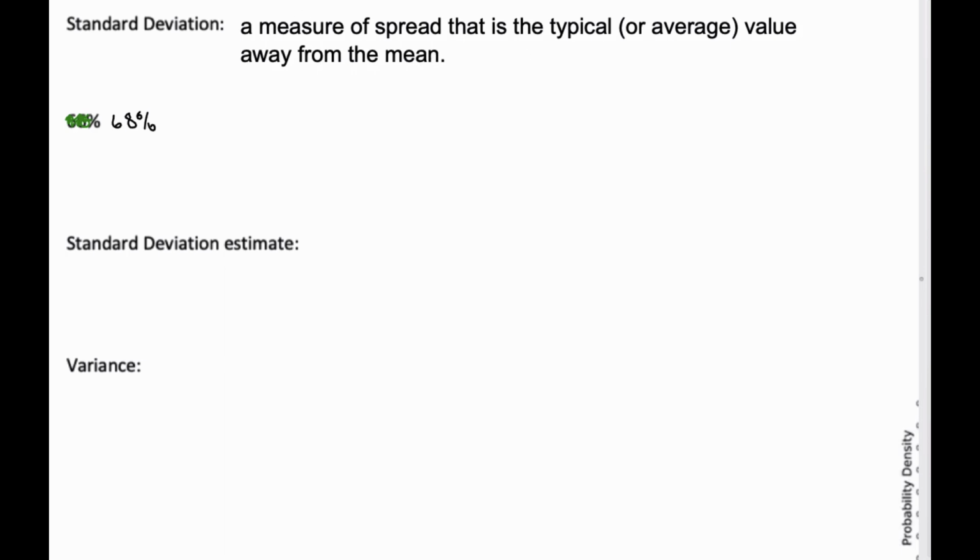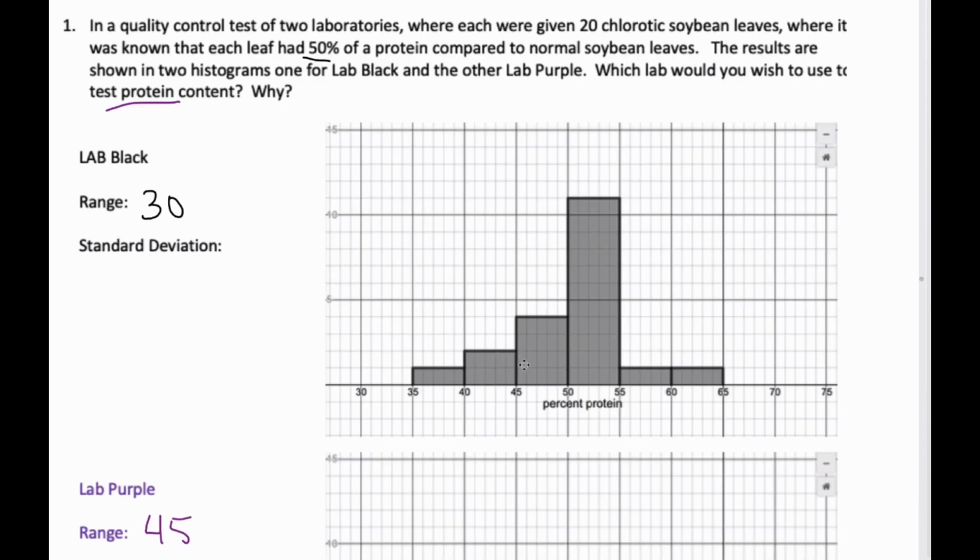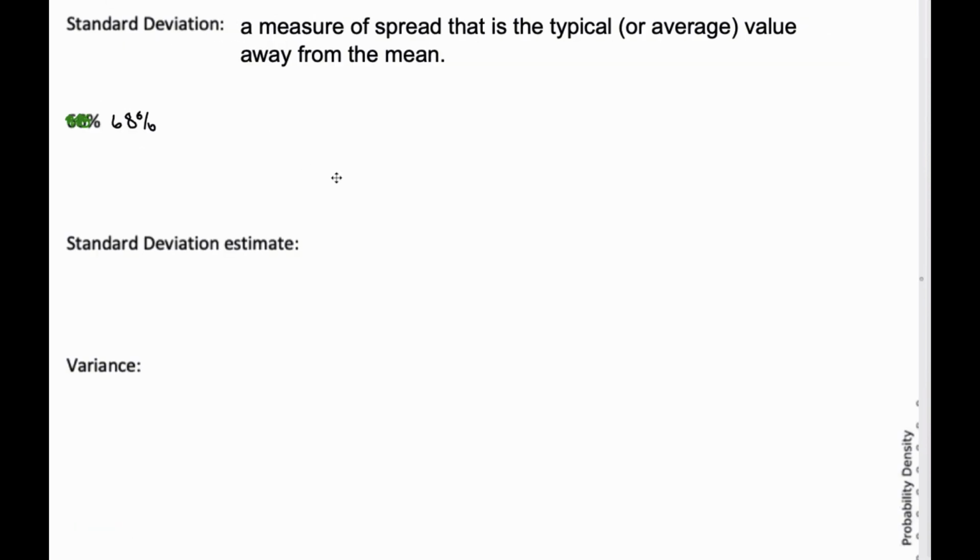So in our 20 samples, we measure it, and the mean is about 50. How far away would you expect a value to be? We know we're not going to get 50 all the time, but what's the average value away from the 50%? Maybe it's 48%, maybe it's 54%, but there's a value that you're about that far away from the mean. That is what standard deviation measures.